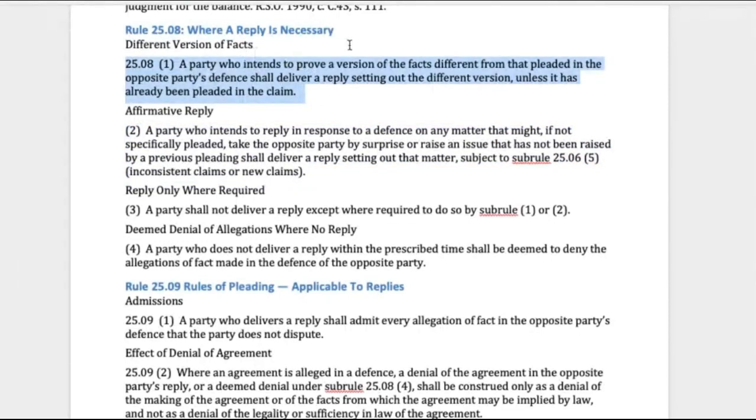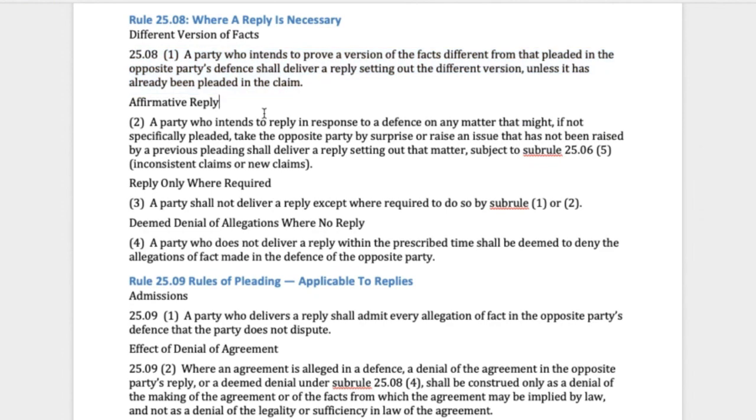So first of all is this different version of facts. Okay, and then the other justification for a reply is that anything in general that is needed has to be on the table, has to be considered, and has to be the subject of discovery and the subject of adjudication, if it hasn't already been put on the table by the statement of claim or the statement of defense.